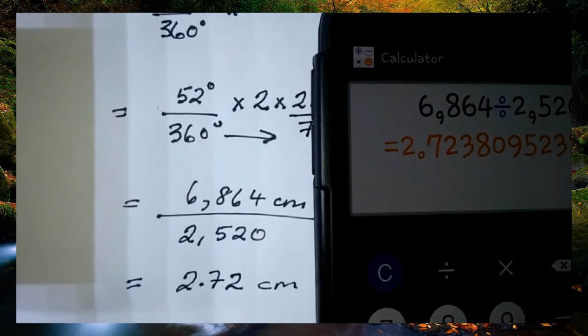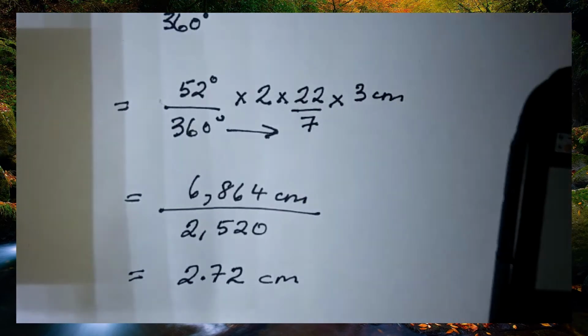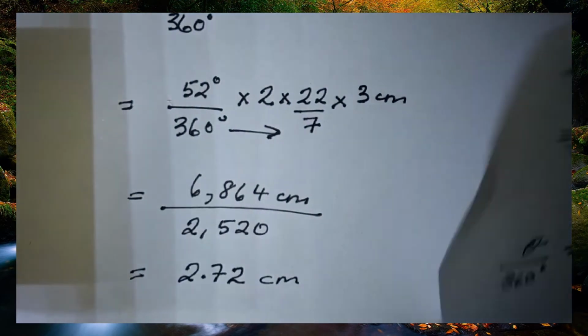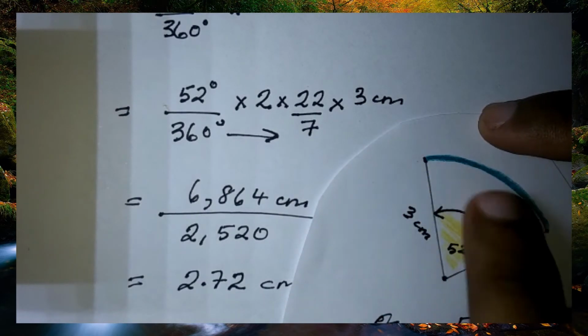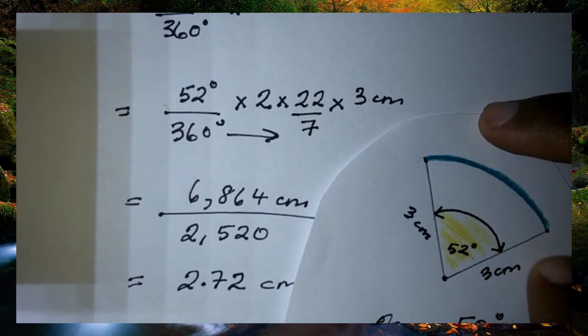So when I look at it, that is what the length of the arc will be. The length of this arc, this blue part from this end to this end, will be 2.72 centimeters.